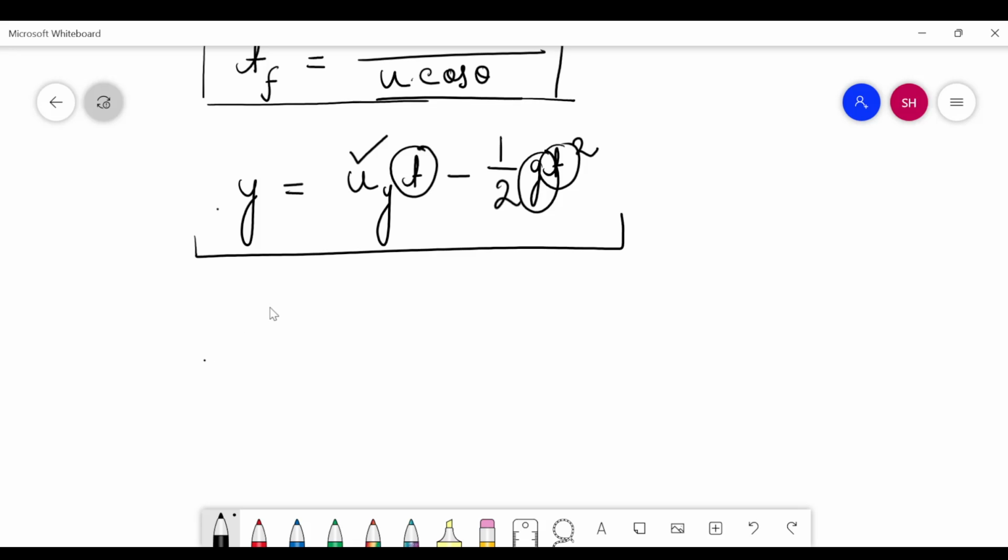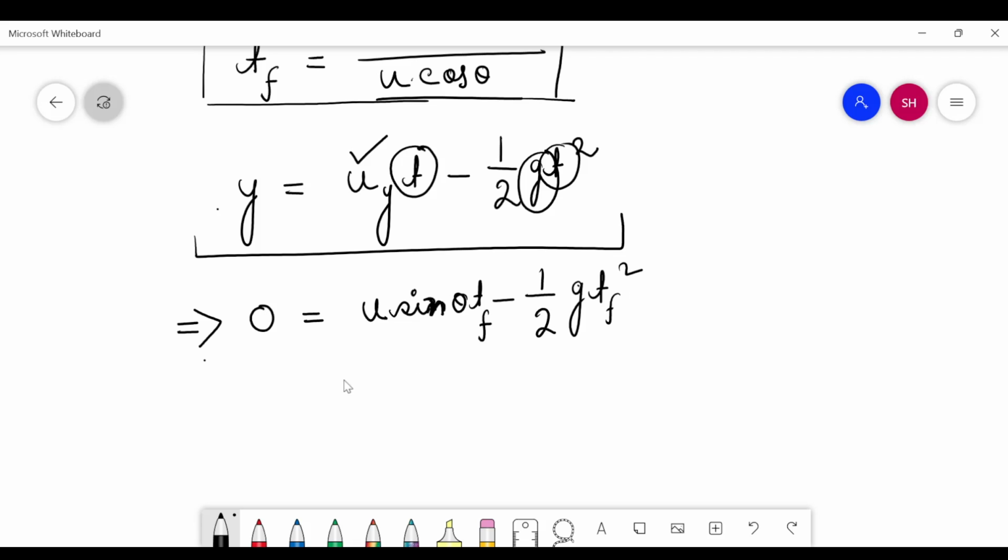Hence, if we make it like this, the coordinate of y is equal to 0, u_y, which is equal to u sine theta, minus half g into time of the flight square.